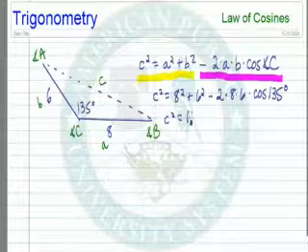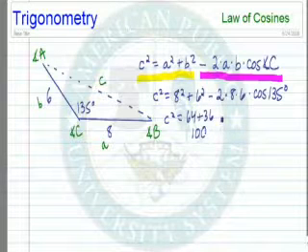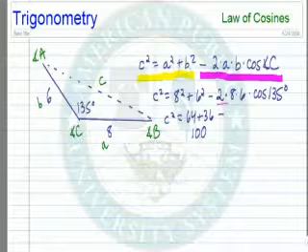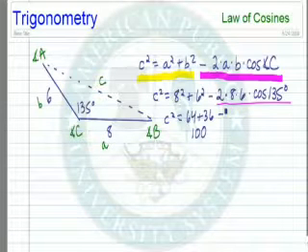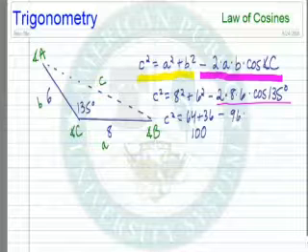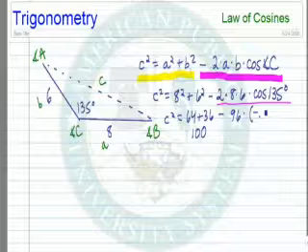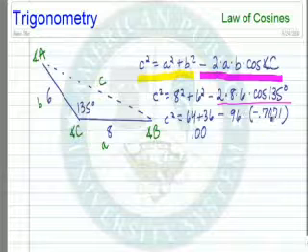C squared equals 64 plus 36, which we know is 100, minus, now this all should be calculated at the same time. And what I mean by that is 2 times 8 times 6 is 96, times the cosine of 135, which is negative 0.7071. Again, using your calculator, you're typing in cosine of 135, and this is what's coming back.